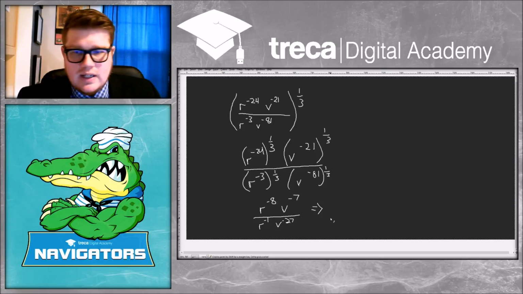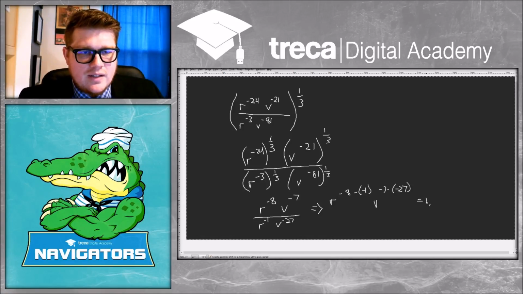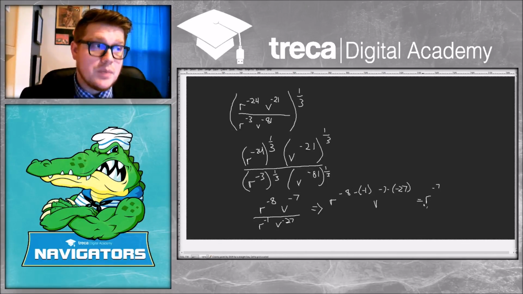r to the negative 8th divided by r to the negative 1st means we have r to the negative 8 minus negative 1, v to the negative 7th minus negative 27. Okay, so we have r to the negative 8 minus a negative, which is the same thing as plus, so it'd be negative 8 plus 1, which would give us negative 7. We'd have v, negative 7 minus negative 27, which is the same as plus 27.